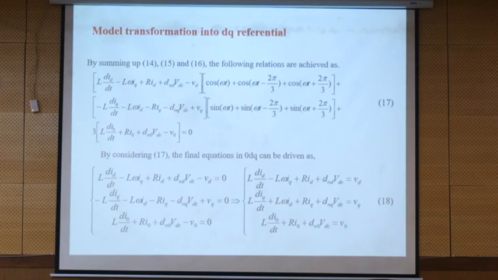So L dId/dt minus L omega Iq plus R Id plus dN dV dc minus Vd equal to 0, this part. And this part also equal to 0, and this part equal to 0. So the summation of these three phases will be equal to 0. Is it clear up to here?